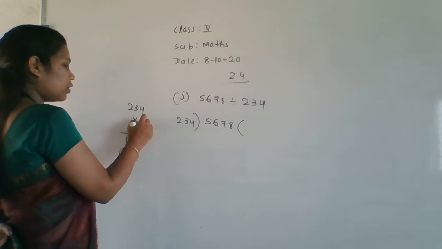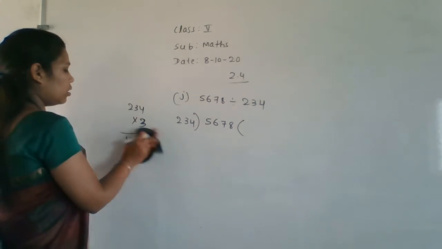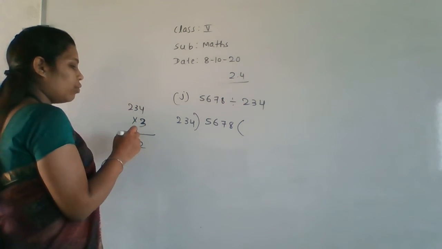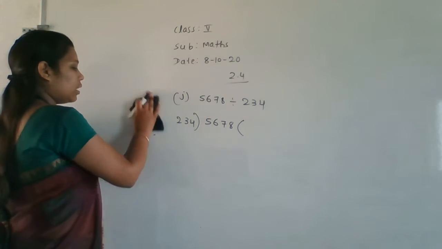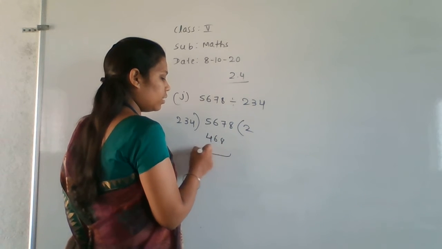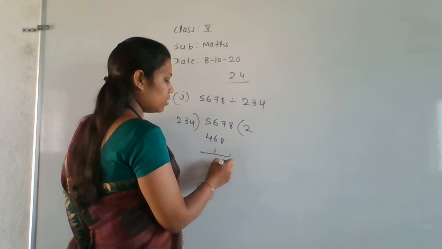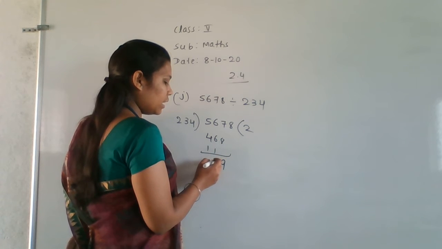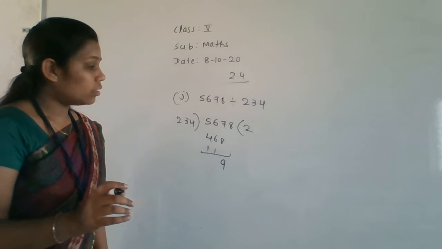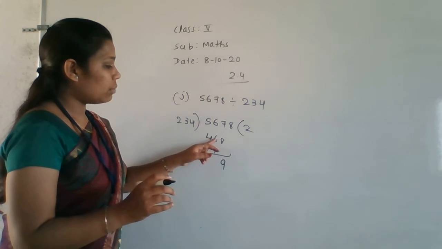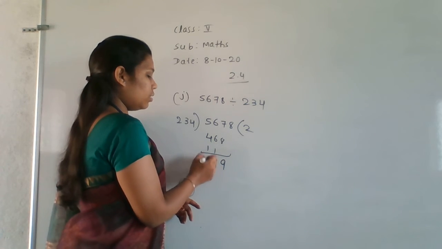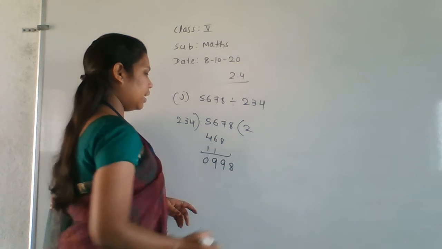And check 3s. 3 4s are 12, we can't take. So just take the 2s value only. 2s means 468. 17 minus 8 is 9. 16 minus 5 is 16 minus 7. 16 minus 7 is 9. Here 0. Take here 8.